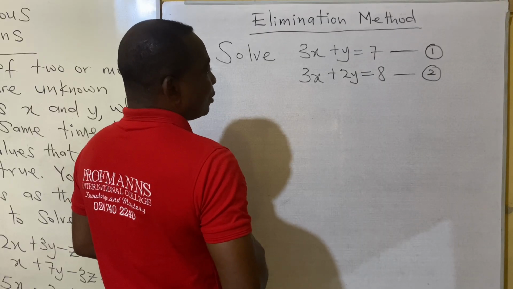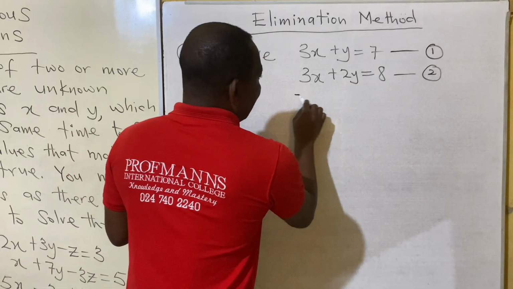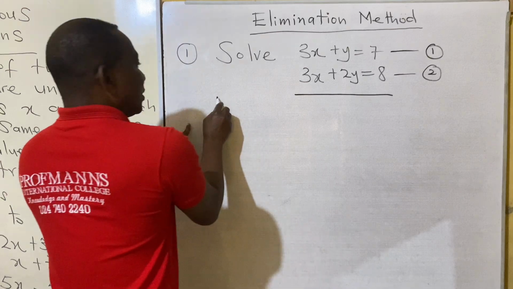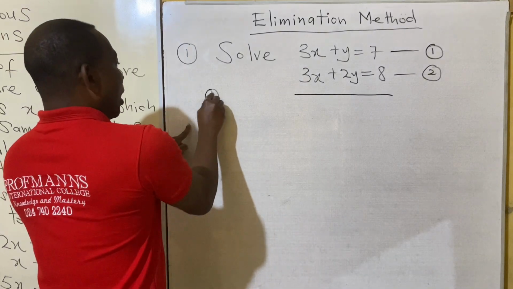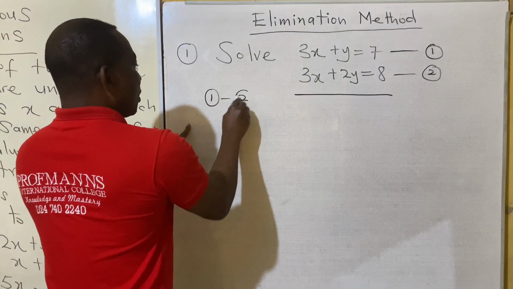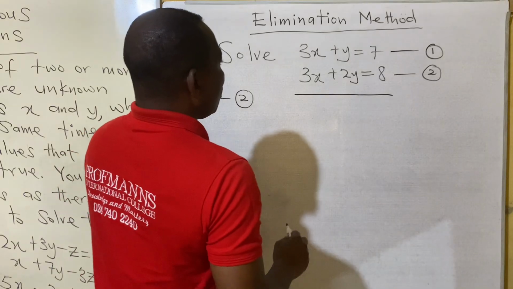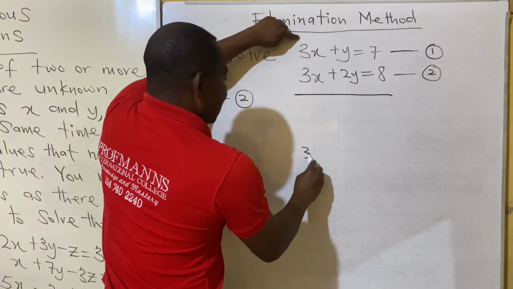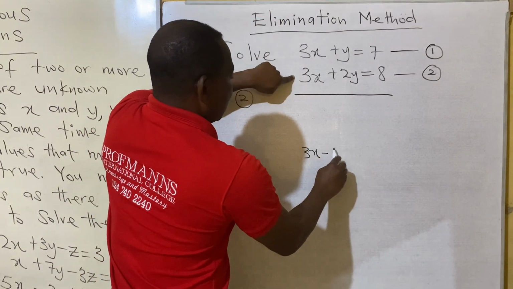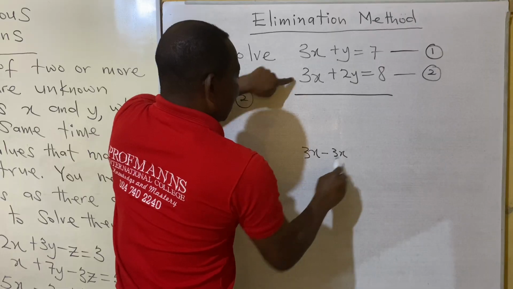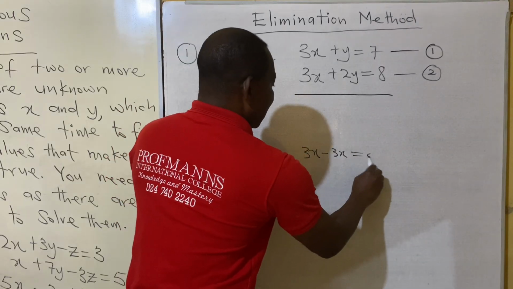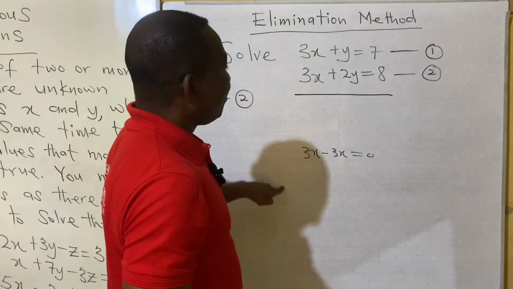So we subtract to eliminate. So we write equation 1 minus equation 2. So we have 3x here minus 3x. It gives us 0. So we have eliminated the x.